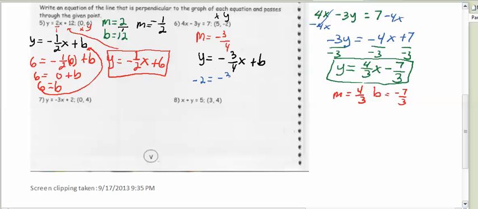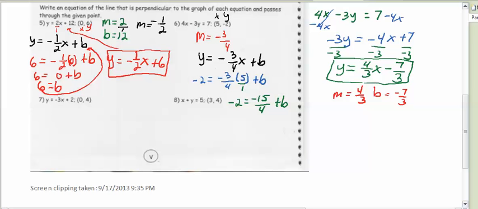We keep our slope that's perpendicular, negative 3 over 4. I substitute the 5 plus b. Make 5 over 1 because we're dealing with fractions. So I'm going to keep my negative 2. I'm going to multiply this across, which is negative 15. Multiply this across, which is 4 plus b.